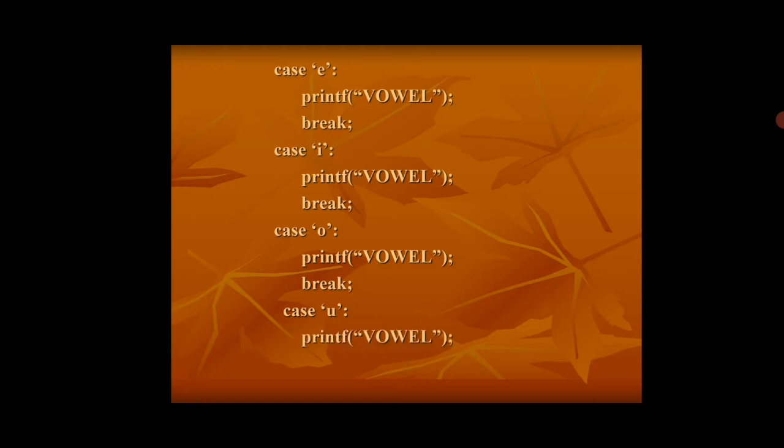Next, break. If these are all not true, means if we entered anything except A, E, I, O, U, the compiler just goes to the default statement, that is printf consonant, and getch.